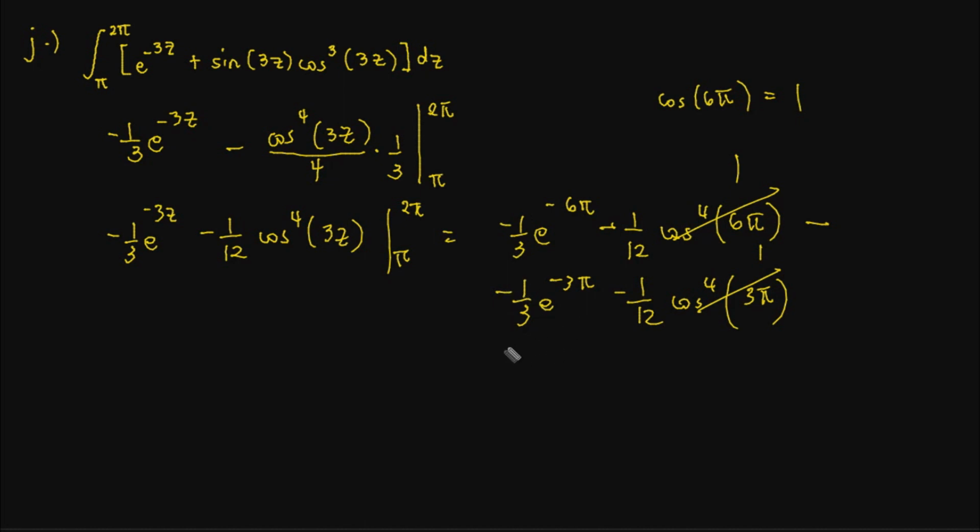And now we can simplify this into negative 1/3 e raised to negative 6 pi. And then this becomes positive 1/3 e raised to negative 3 pi. And remember, this cancels out. So we have 1/3 e raised to negative 3 pi, and then this becomes positive 1 minus e raised to negative 3 pi.